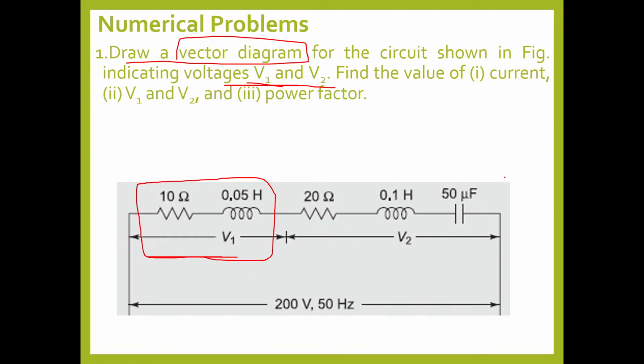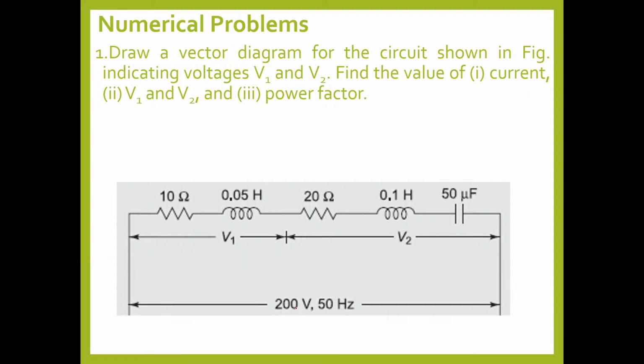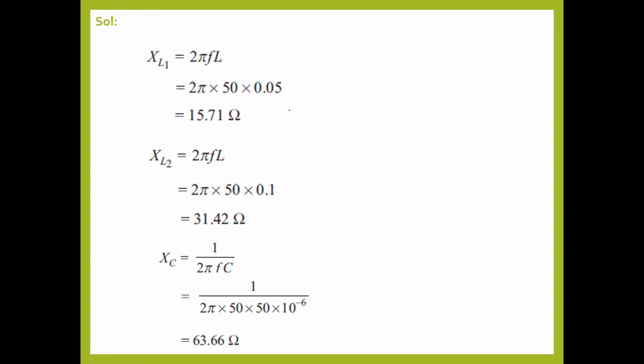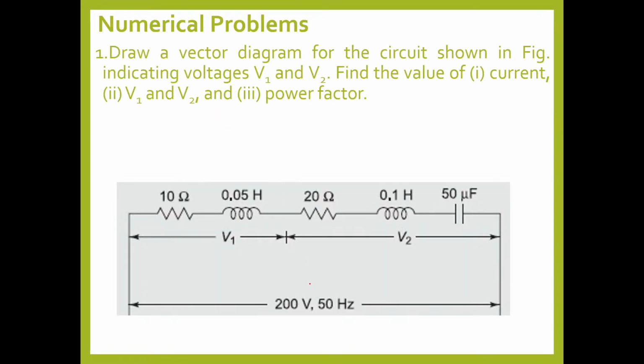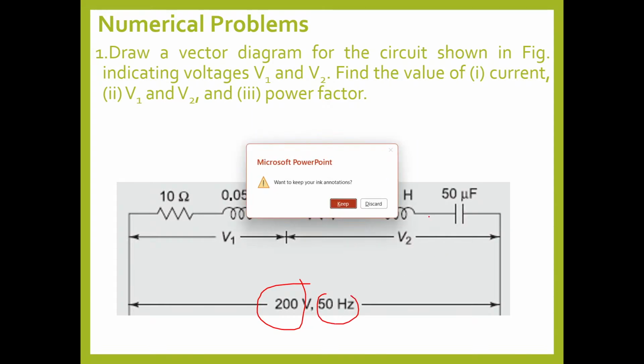V2 is the voltage across the resistor, inductor and capacitor. They have asked us to determine the current, V1, V2, and also the power factor. So in this diagram, the source voltage is given as 200 volts and frequency 50 hertz. Just go through this. I will come back.